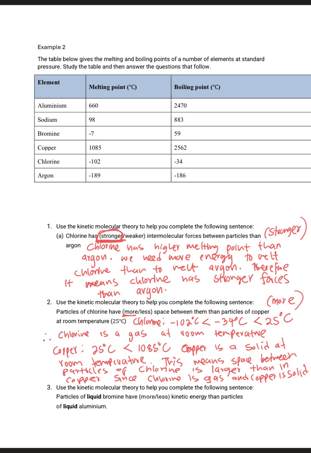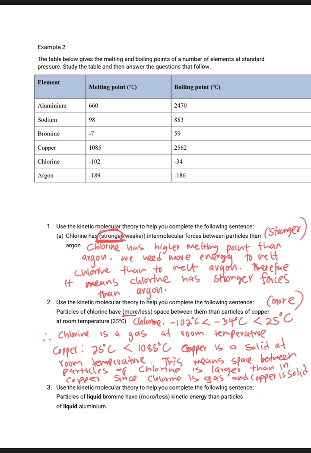Then the last question, which is the third question, says use the kinetic molecular theory to help you complete the following sentence. The particles of liquid bromine have more or less kinetic energy than particles of liquid aluminium. So we need to ask ourselves then.